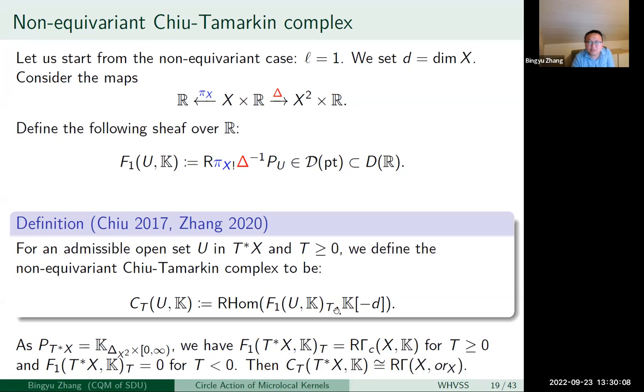It's simple, but geometrically we will see that the stalk at T means that we get an action bar of a Reeb chord.